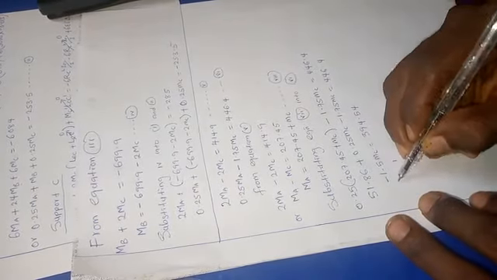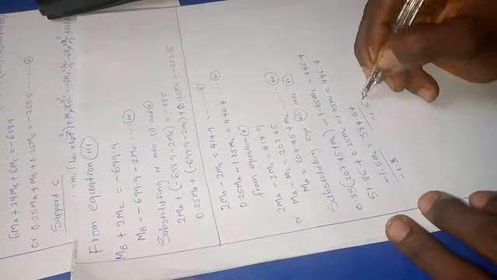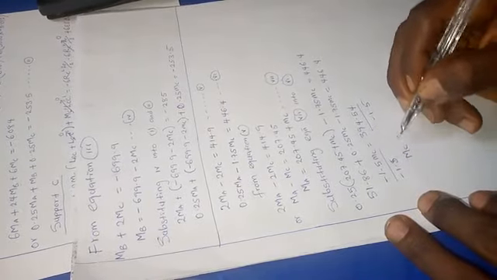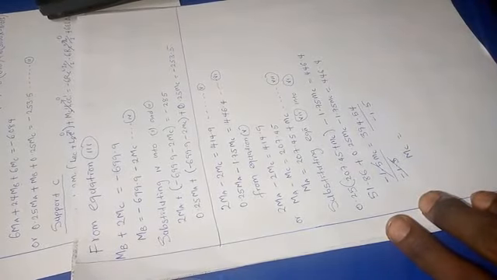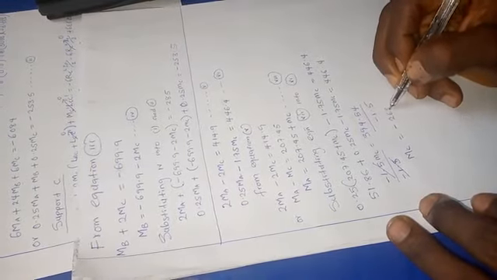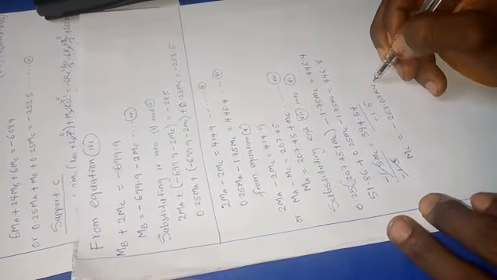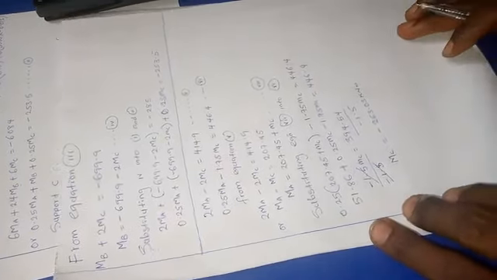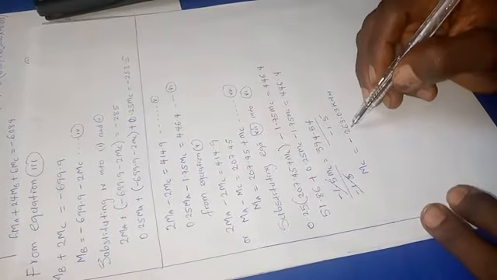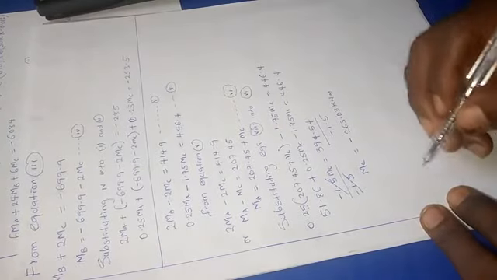Therefore, I can divide both sides by minus 1.5, such that MC would be equal to 394.54 divided by 1.5. My value will be minus 263.03 kilonewton per meter. That means that my moment at C is minus 263.03 kilonewton per meter. So with this, we are close.